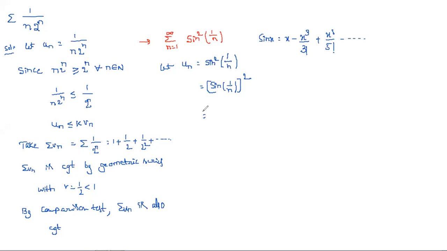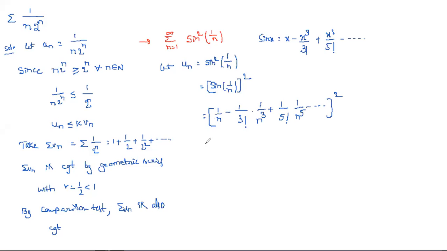Here in place of x we have 1 by n. So it is 1 by n plus 1 by 3 factorial into 1 by n cube plus 1 by 5 factorial into 1 by n power 5 minus and so on, whole square.